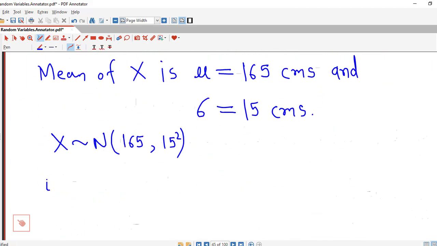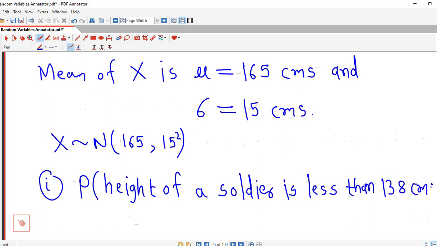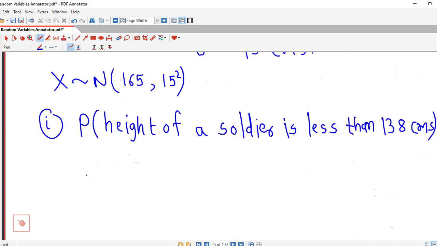So in part 1, first we find the probability that the height of a soldier is less than 138 centimeters. So this we can represent as height denoted by capital X is less than 138 centimeters.